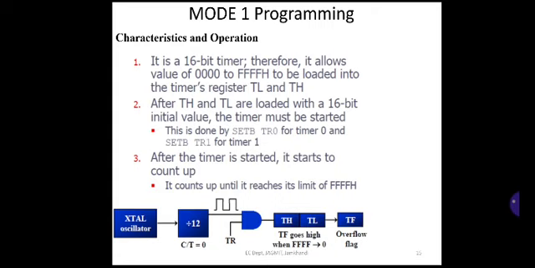It counts up until it reaches its limit. The maximum limit for the 16-bit timer is FFFF, so it is going to count until it reaches the last value, that is FFFFH.